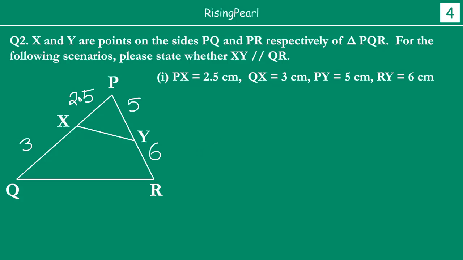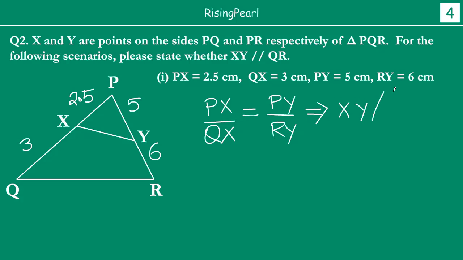You remember the converse of our second theorem, or basically the third theorem, which states that if you look at the ratio of these two sides, that is PX divided by QX, and also the ratio of PY divided by RY, if these two ratios are equal, that will imply that XY will be parallel to QR. Now, if they are not equal, then they will not be parallel.